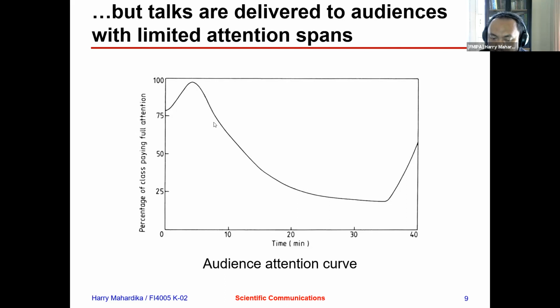Hence, that's one reason why I don't give too many lectures in the scientific communication class, because most lectures become too narrative, with too many words given in the presentation.